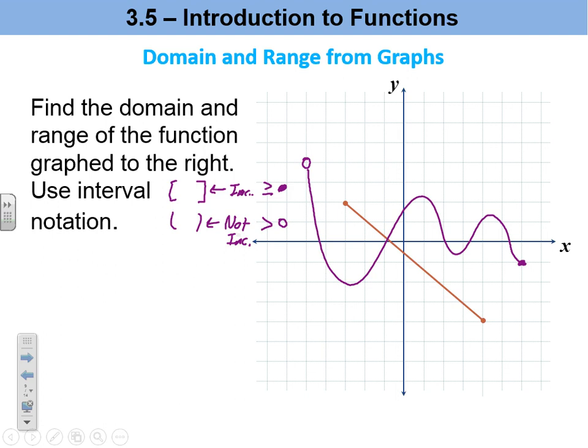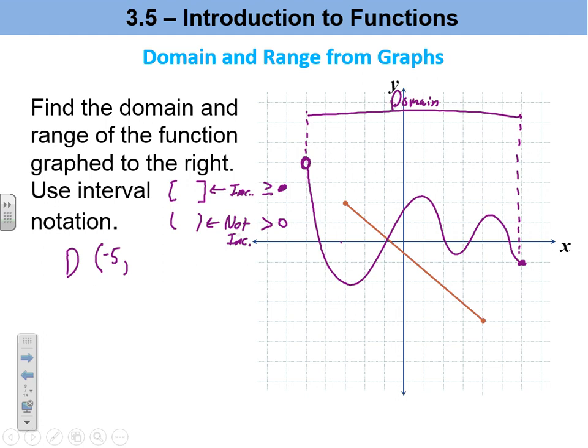Okay, so the domain, the numbers all the way from the left to the right, this is going to be the domain. So here at this one, I have the open circle, so I'm going to use the parenthesis to start that one. And we're at -5 on the x-axis when we do that.